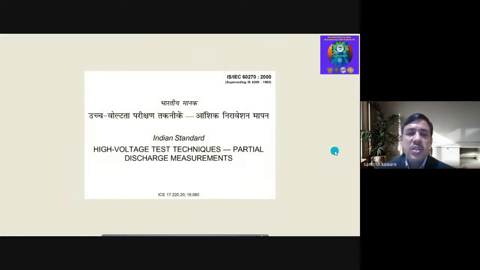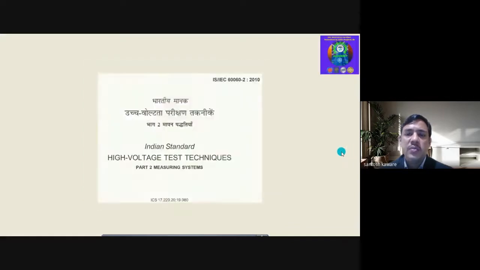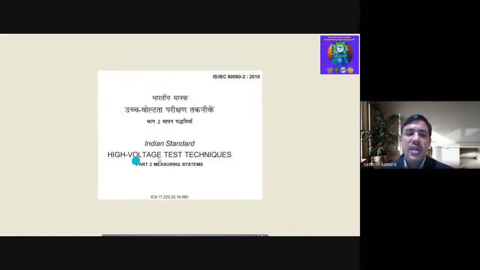Again, these are some of the IS or IEC 60270-2000. So these are some Indian standards that we use for the high voltage test techniques, that is partial discharge measurement. Again, we have Indian standards high voltage test techniques, part 2, measuring systems.